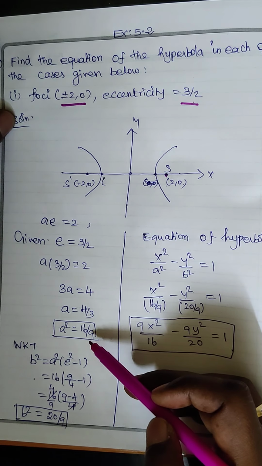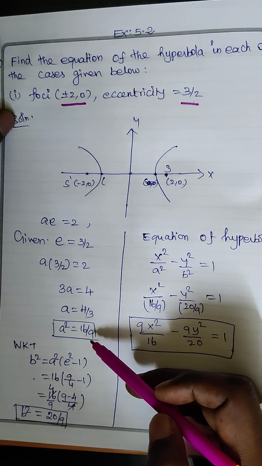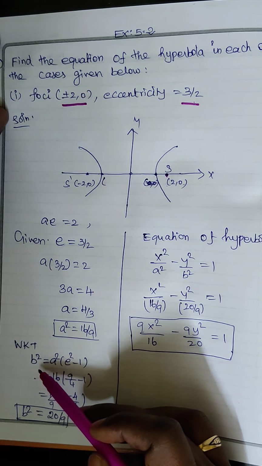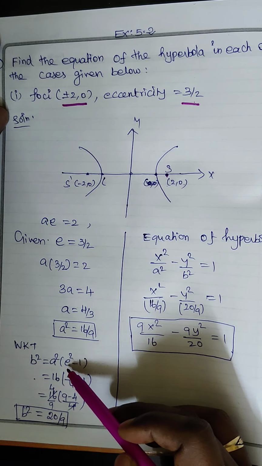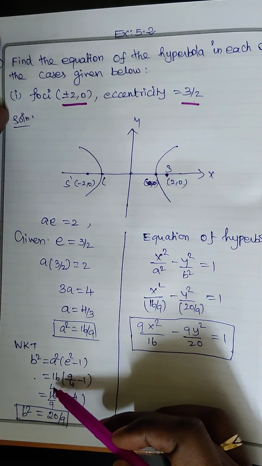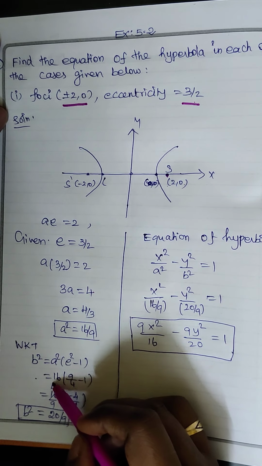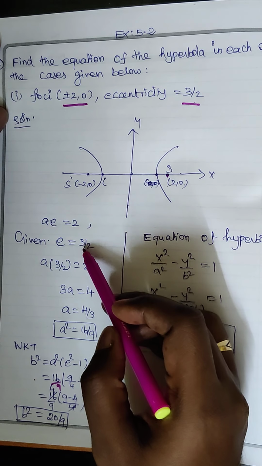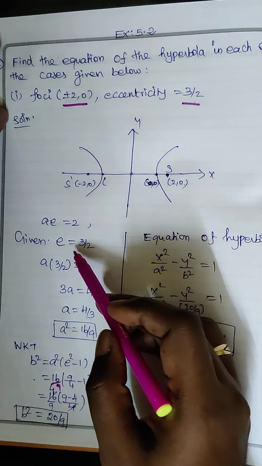We already know the eccentricity and the a square value. The formula is b square is equal to a square into e square minus 1. Now a square is equal to 16 by 9, and e square we already know is 9 by 4, because e is equal to 3 by 2.